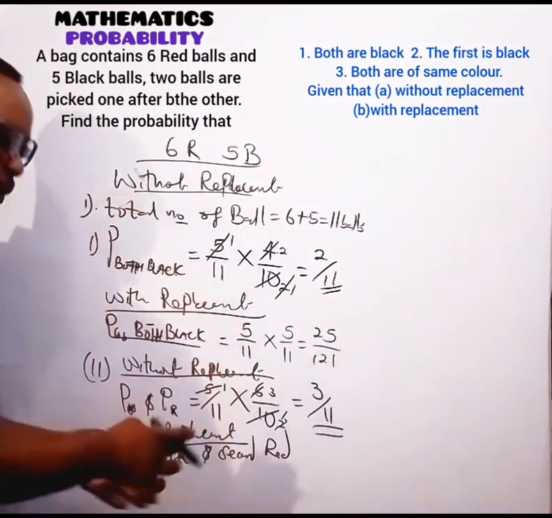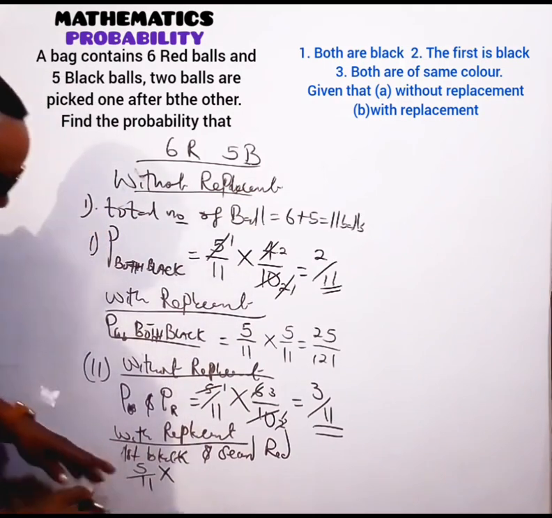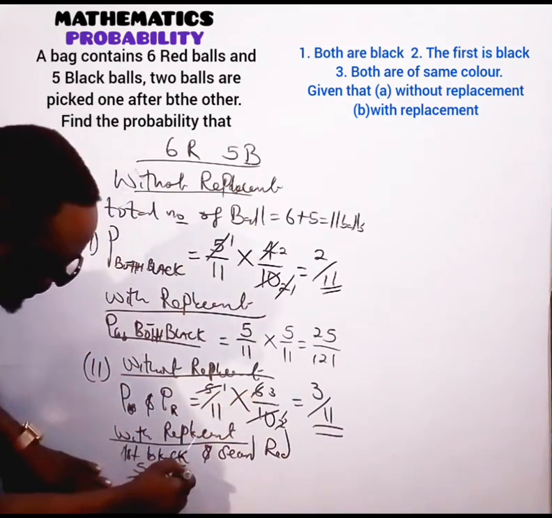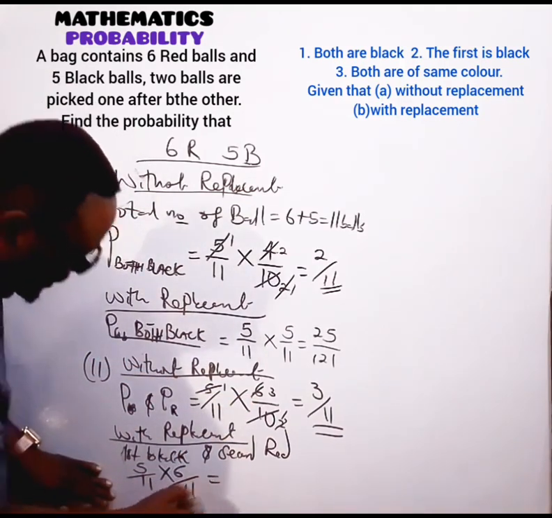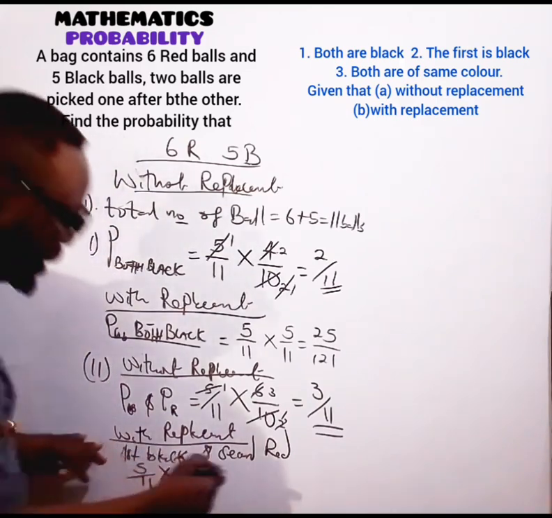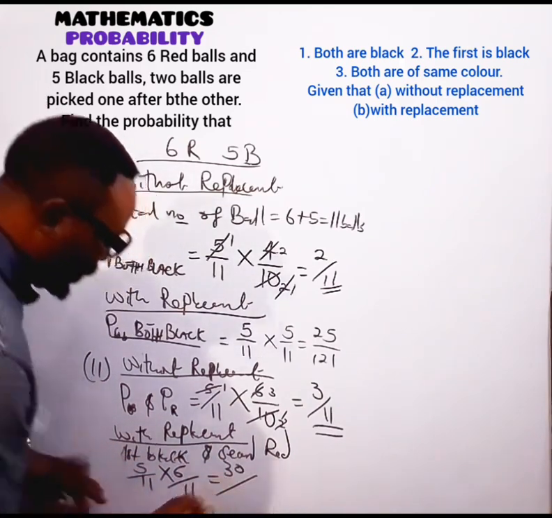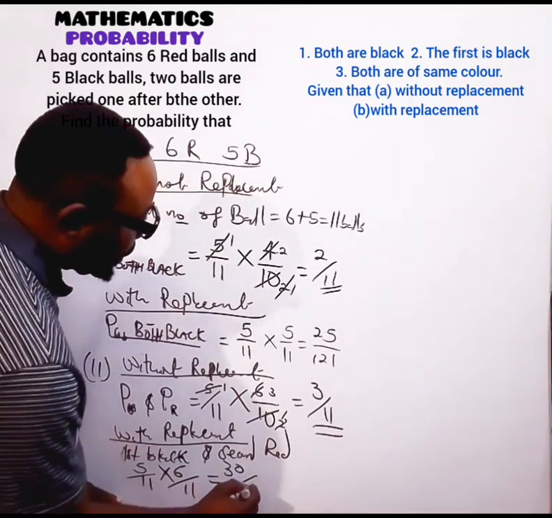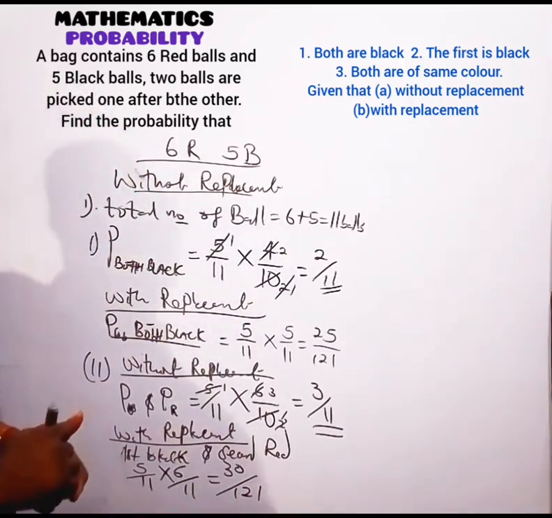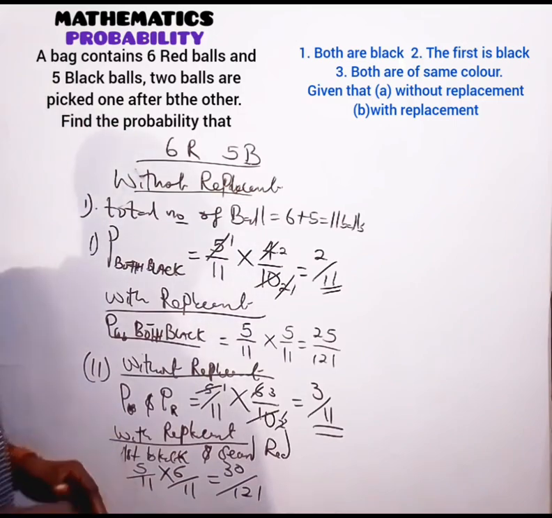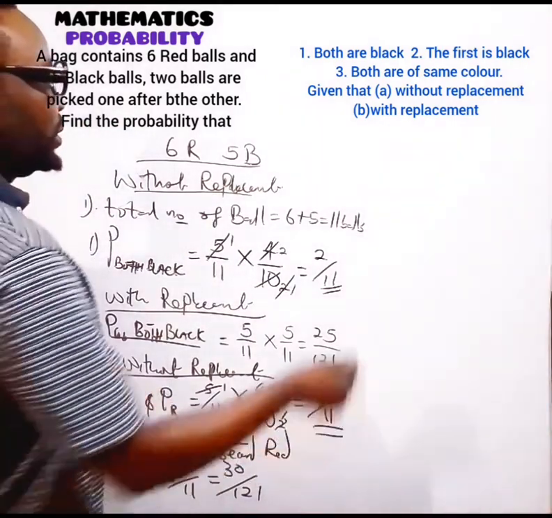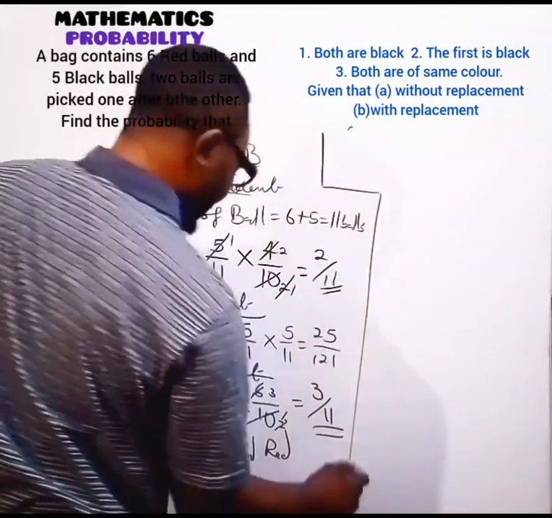We now return the ball back there and multiply by 6/11. That will be equal to 5 times 6, that's 30, all over 11 times 11, which is 121. That is with replacement for that second question there.